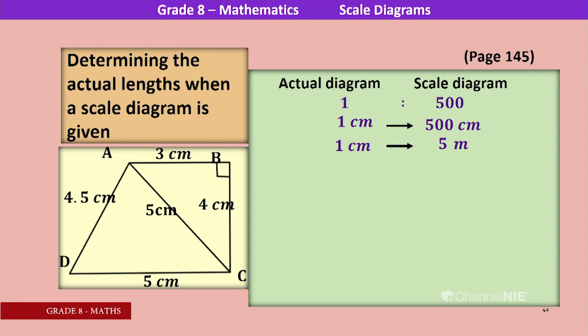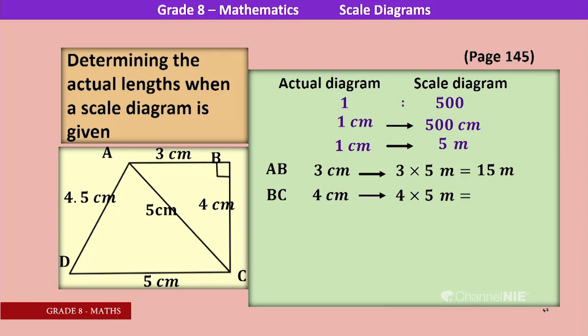Then 1 centimeter represents 5 meter. AB 3 centimeter. 3 means multiplied by 3, multiplied by 3, 15 meters. Then BC 4 centimeter, 1 multiplied by 4, 5 multiplied by 4, 20 meters.